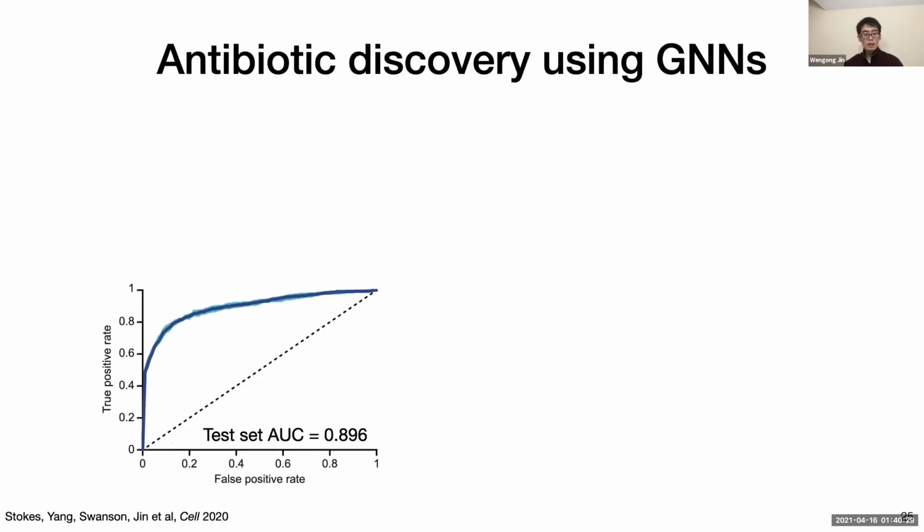Okay, so I will skim some of the experiments that we did. First, we wanted to evaluate the predictive performance on a holdout test set. And the model can do pretty well, around 0.9 AUC on the test set of molecules that we experimentally measured for their antibacterial properties.